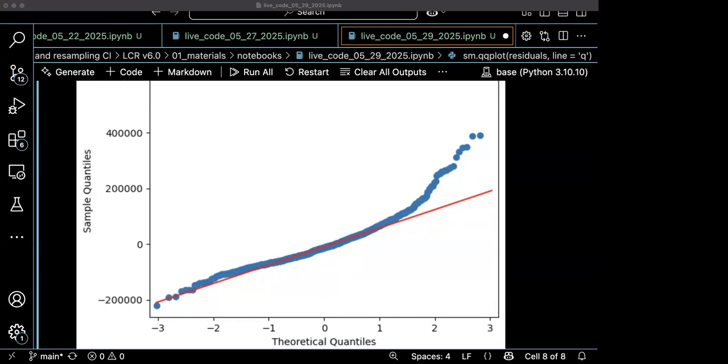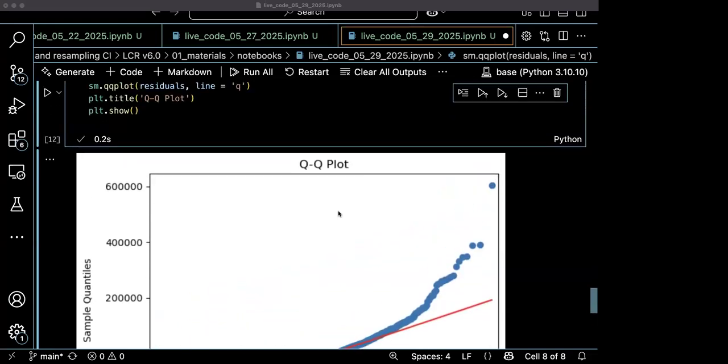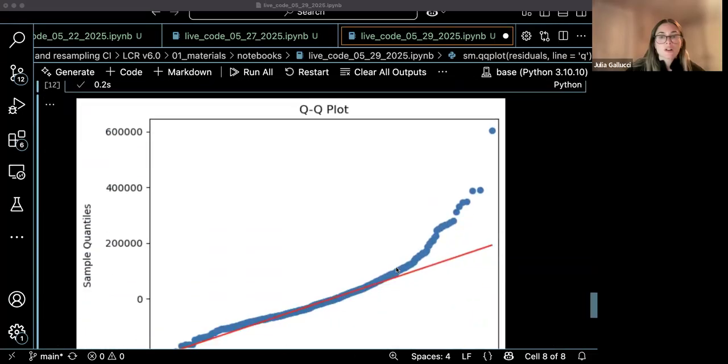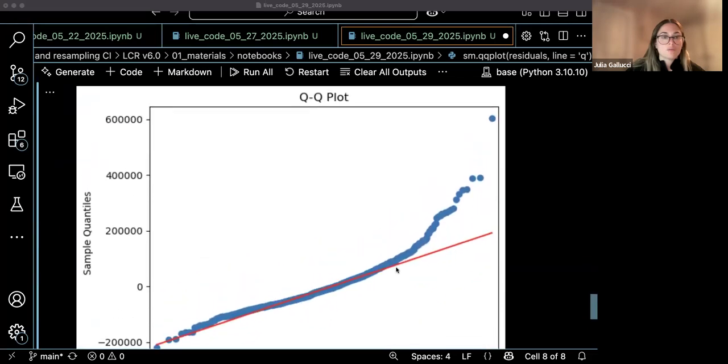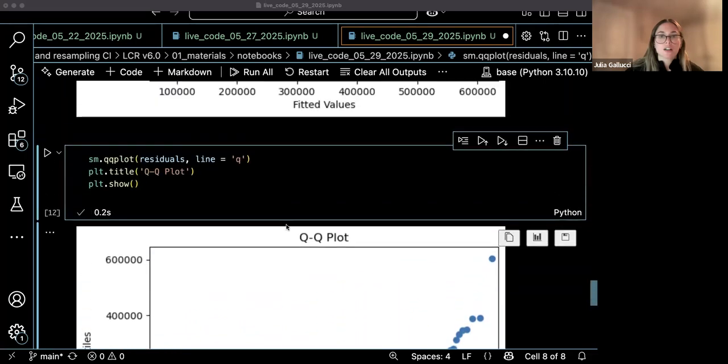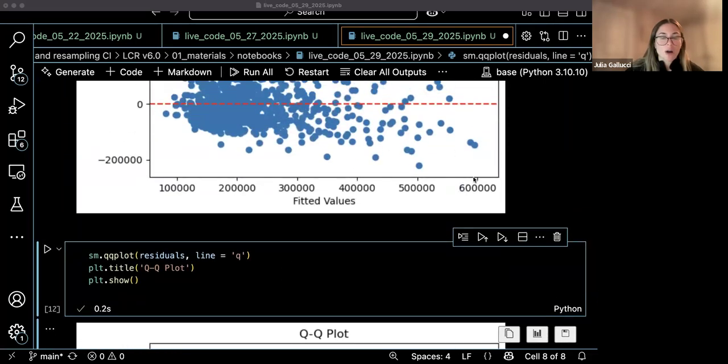Question? Yeah, I'm just wondering, are we able to relate the QQ plot and the residual plot? I see that the QQ plot deviates at a later time point, and you see more dispersion or deviation from the horizontal line. So is there any kind of correspondence between these two plots? So this is also our sample data, and the same thing that's shown on the y-axis here is shown on the x-axis here as well.